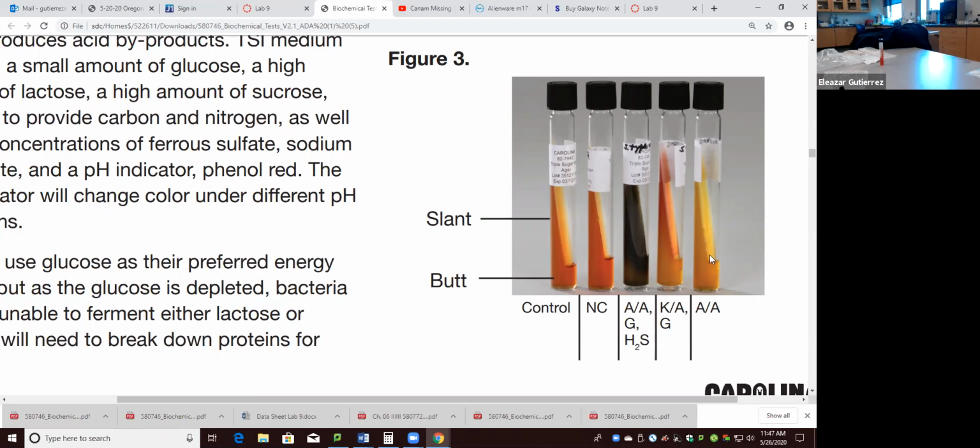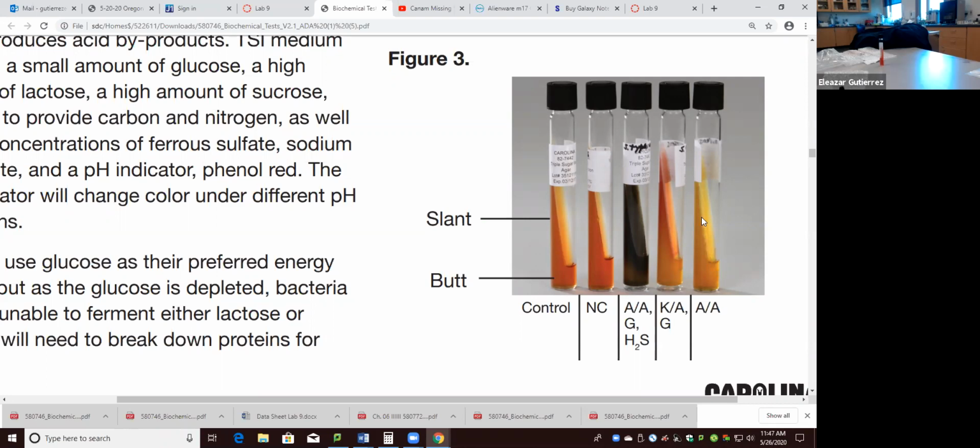If we look over here, we see acidification. So acidification means that the organism has the ability to catabolize the simple sugars in the media. When it does this, it releases protons, which lowers the pH of the media, and it turns the media yellow. Okay.